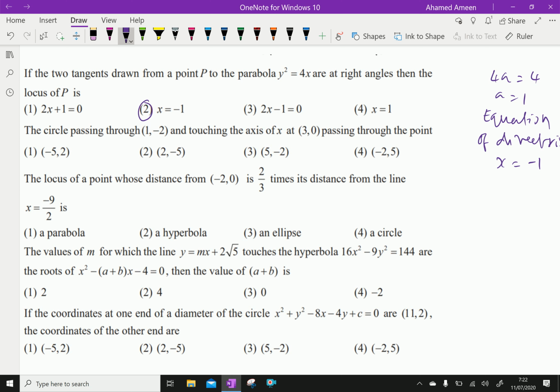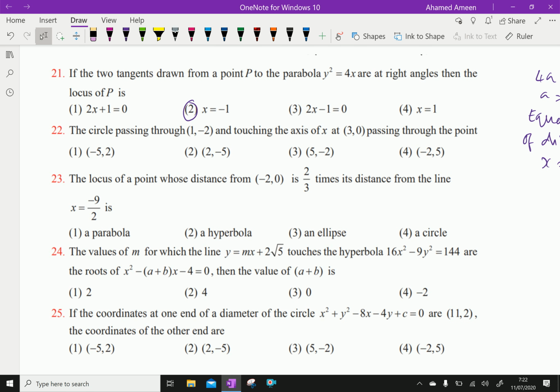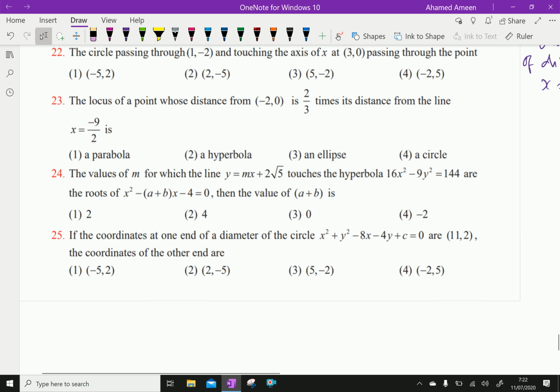Now question number 22. The circle passing through 1 comma minus 2 and touching the axis of x at 3 comma 0 passes through the point. So here 22.